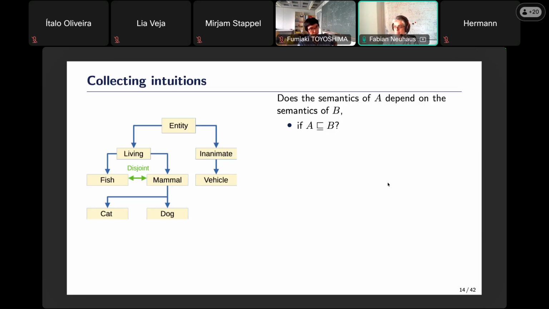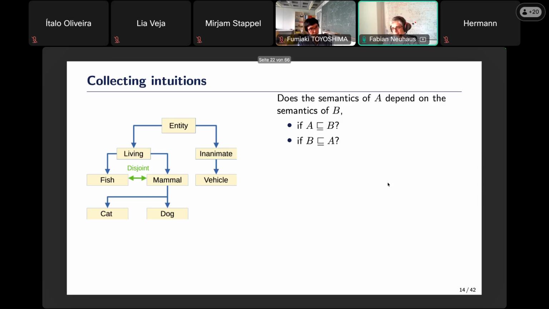The first thing you do is collect intuitions. So, for example, again the same toy ontology. Does the semantics of A depend on the semantics of B if A is a subclass of B? I kind of assumed that in my previous examples. So in this particular case, that would mean that cat depends on mammal.